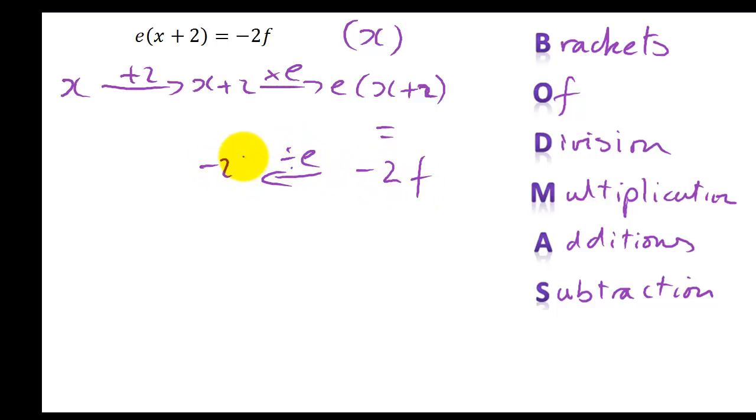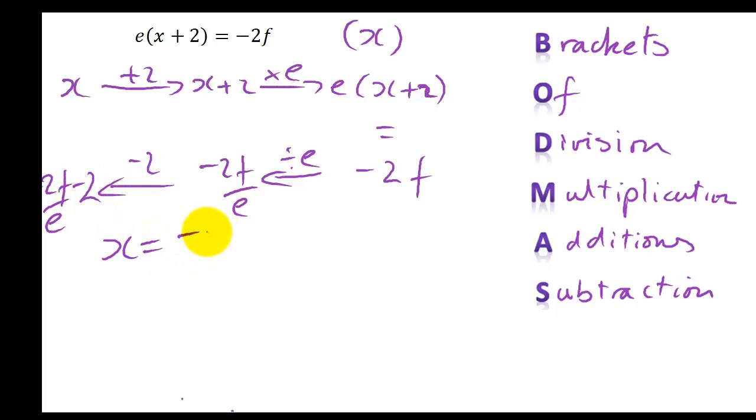So we divide by e. And then we want to subtract 2, because we want to undo add 2. So you get minus 2f over e minus another 2. So x equals minus 2f over e minus 2.